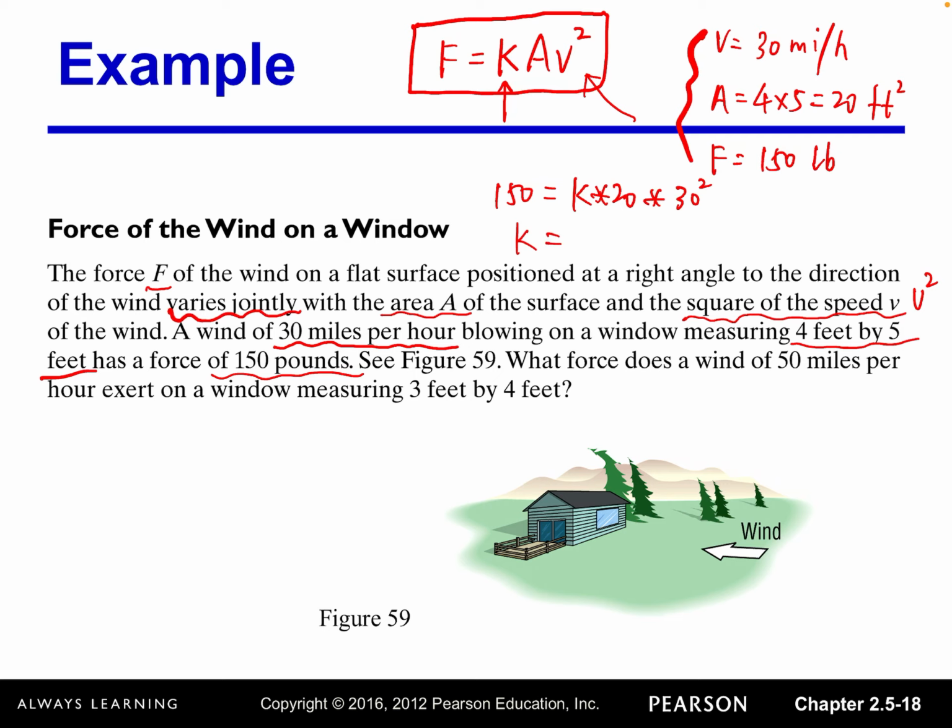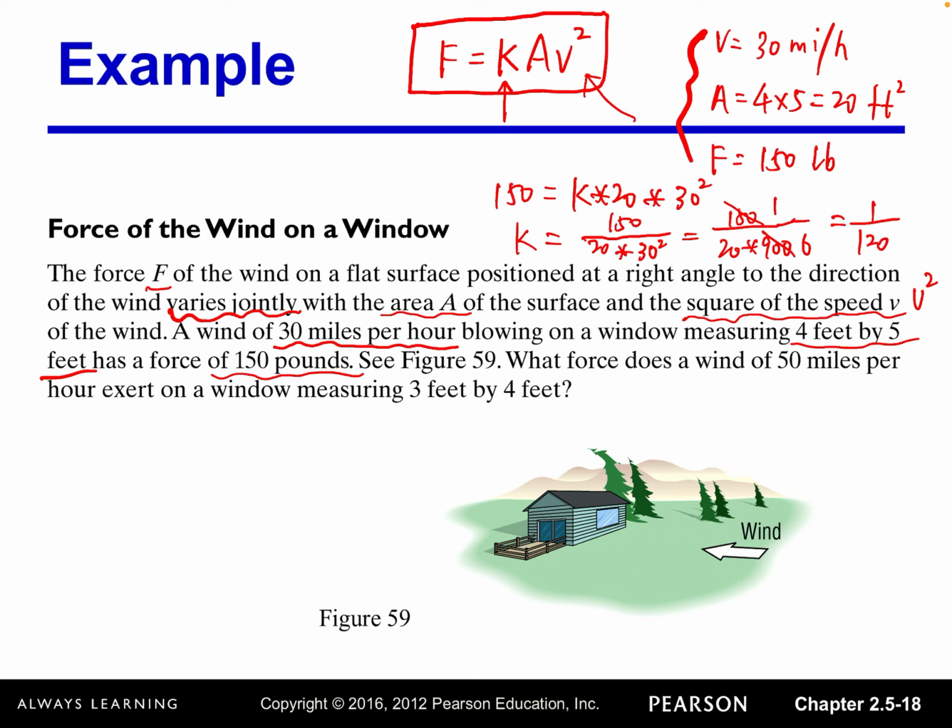So we can solve for K. K equals 150 divided by 20 times 30 squared, both on the denominator, which is 150 divided by 20 times 900. 150 can cancel with 900 and with 6, so that's 1 over 20 times 6.